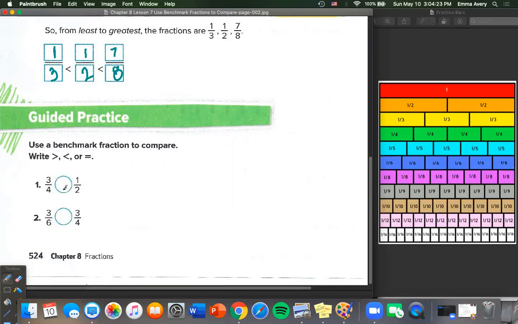So 3/4 is greater than 1/2. What about 3/6 and 3/4? Well, we know from all these examples up here, and because 3 is half of 6, that 3/6 also equals 1/2. And now we have the same problem as up here. 3/4 and 1/2, 3/4 is greater than 1/2.